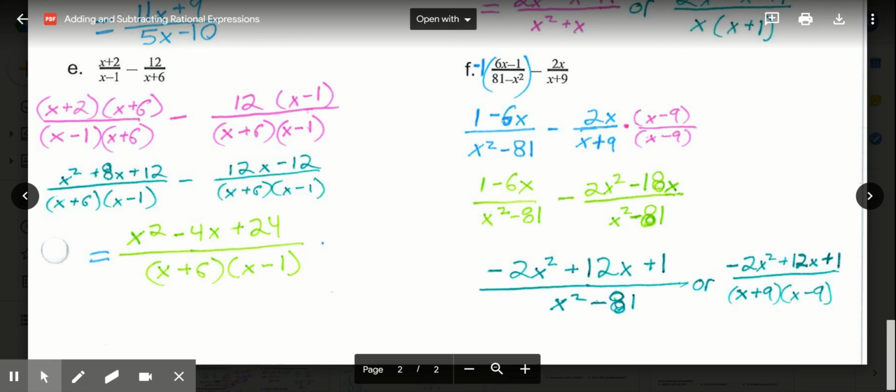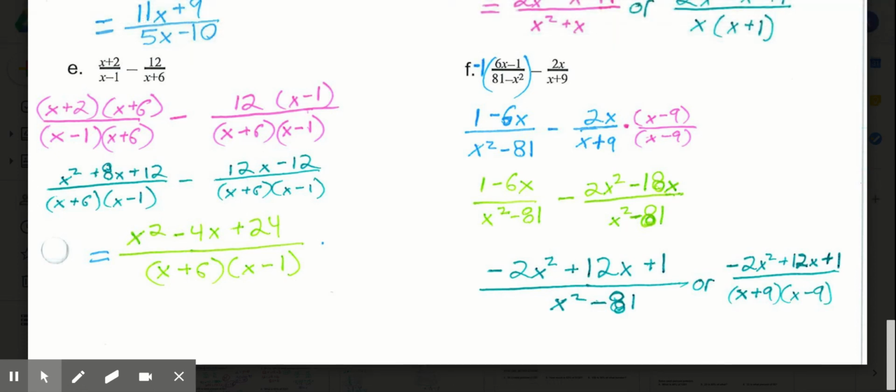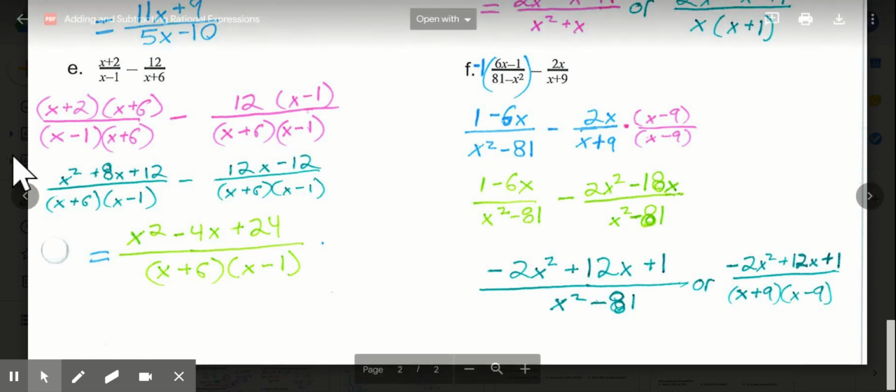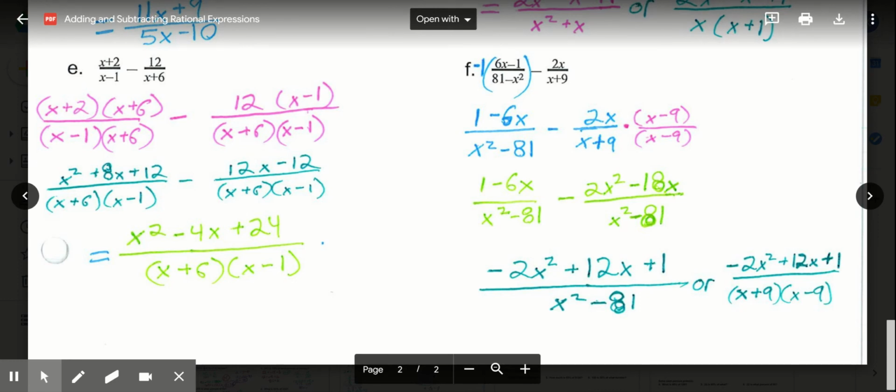I left them already factored. So then in the end, when I look to simplify, it makes that process easier. Now on the right, 12 times x minus 1 gives me 12x minus 12. Subtraction in the middle, so combine like terms, x squared.